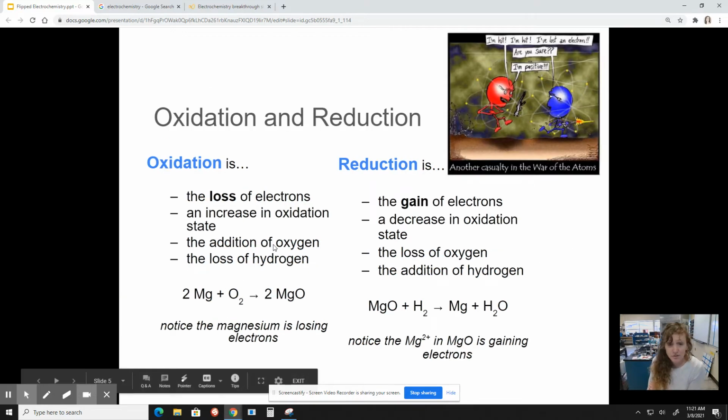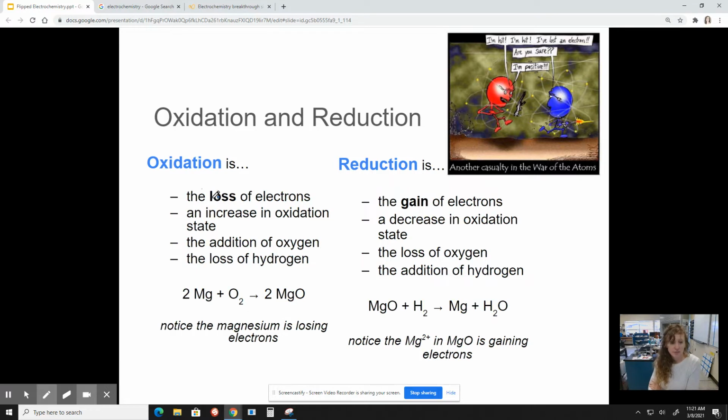Okay, so a couple things to review. First of all, let's review what oxidation and reduction are. You need these definitions to move forward. When we're talking about oxidation, we're talking about the loss of electrons. Remember, LEO the lion goes GER. So loss of electrons is oxidation, gain of electrons is reduction. So reduction is going to be the gain of electrons.